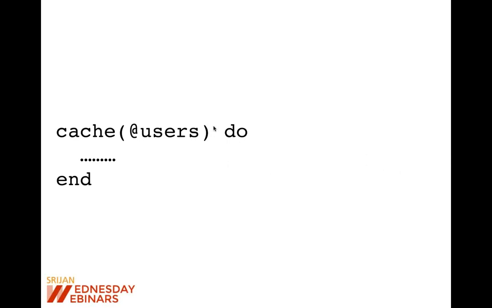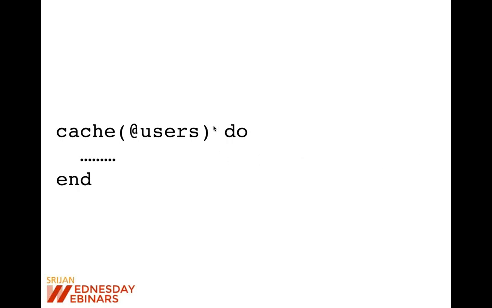And then we can use this in our cache do/end blocks. We can just pass cache @users do/end, and Rails will render the response for the first time. But if the same request comes the next time, it will check whether @users is the same or not, based on the value of the updated_at column of the last element, the maximum value of updated_at.